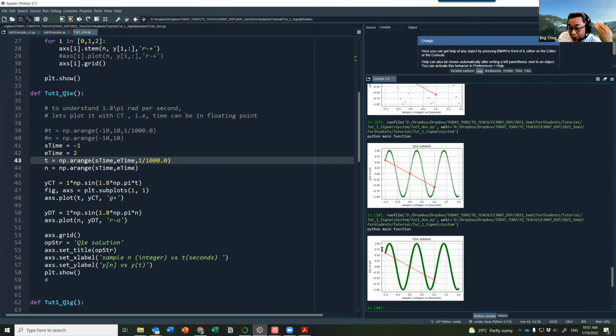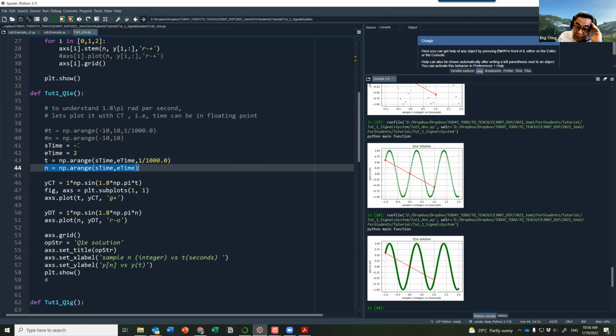What about the red guy? The red guy is the discrete time signal I'm doing from n equals to -1 to 2, but instead of index 1, that means -1, 0, and 1. Nothing in between. Okay?